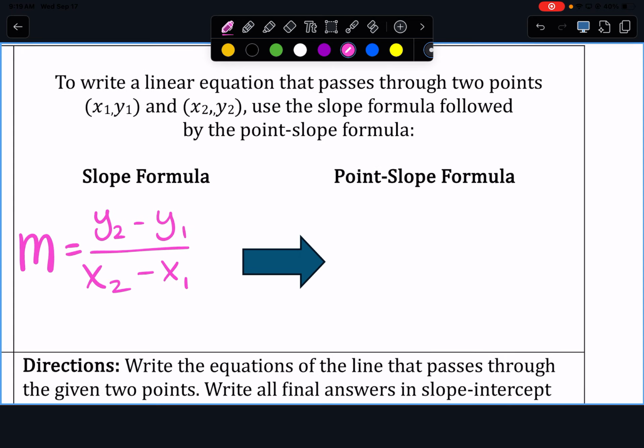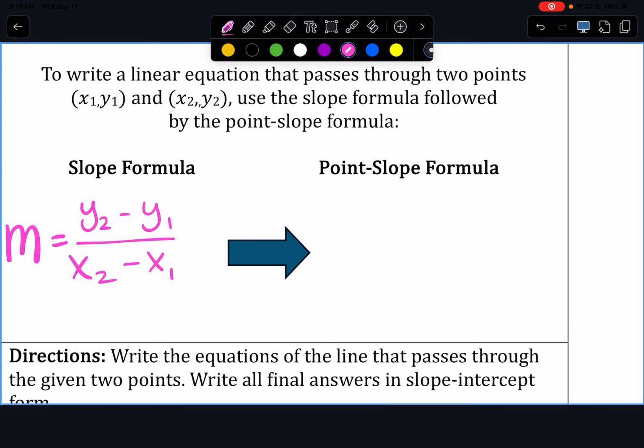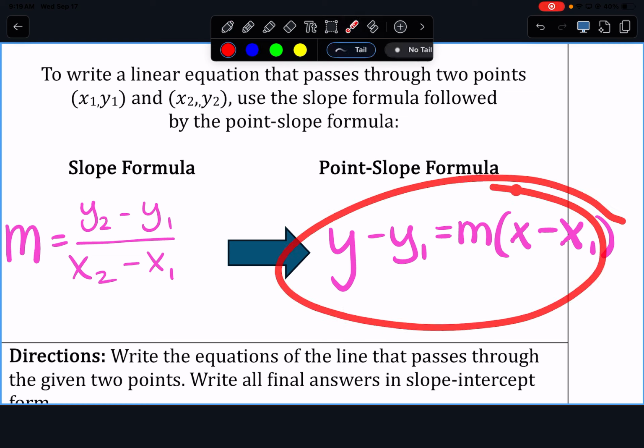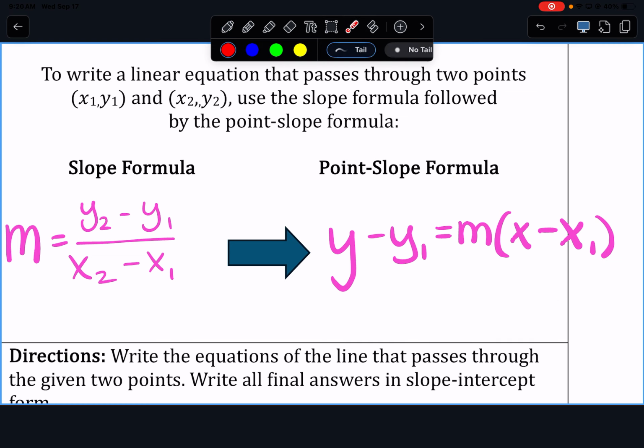Once we find the slope, we just plug that in for m. Then we plug into y minus y1 equals m times x minus x1. This formula says x1 and y1, but you can plug in any of the points that they give you, and it will still work.